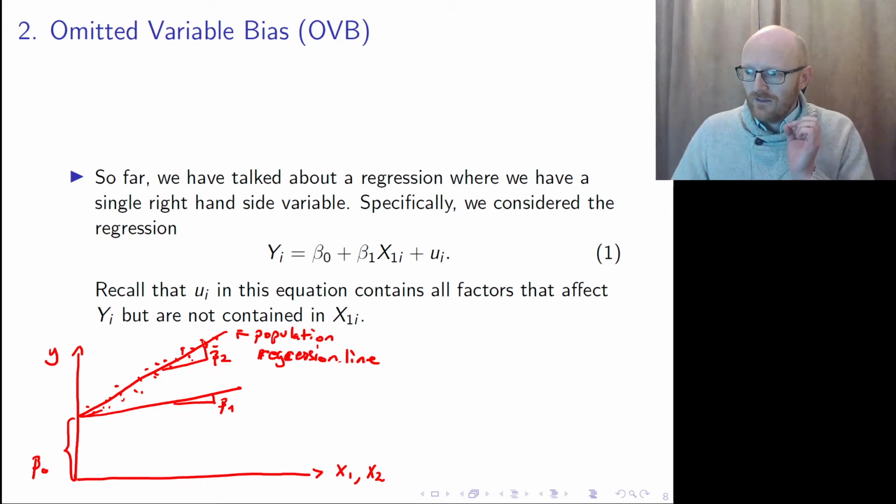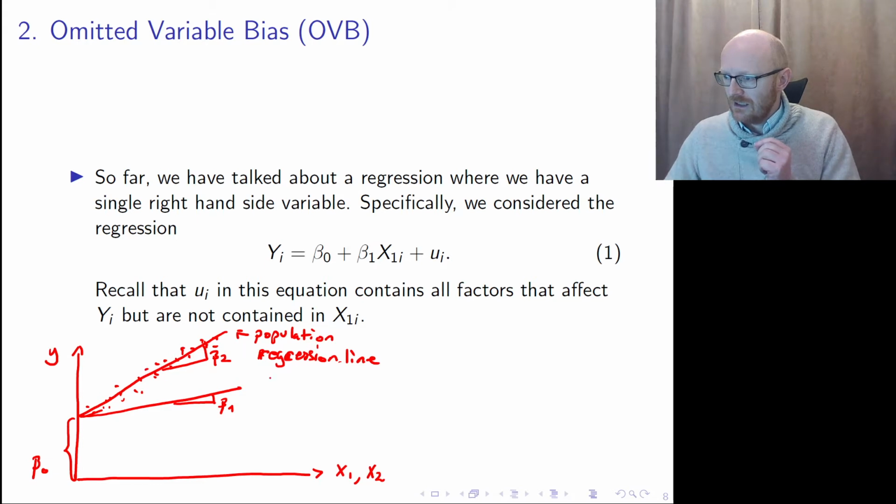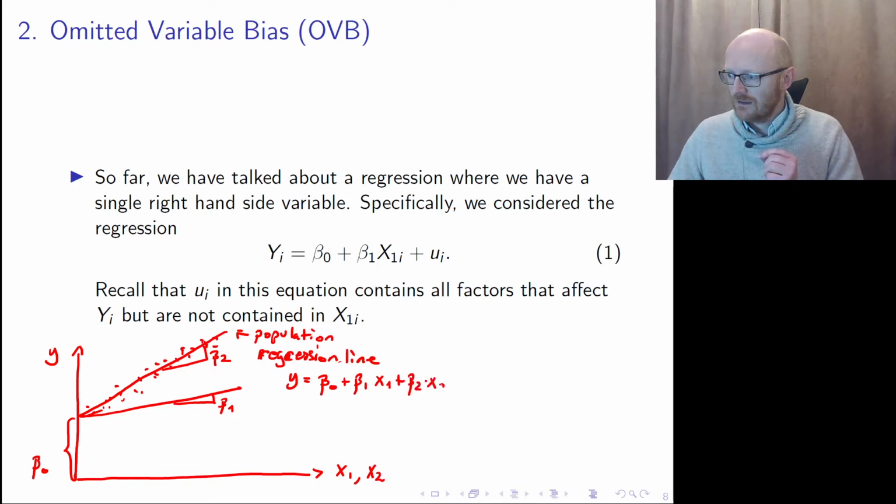Which means that this is the population regression line with y equals the true intercept plus the true beta 1 times x1 plus the true beta 2 times x2, right?